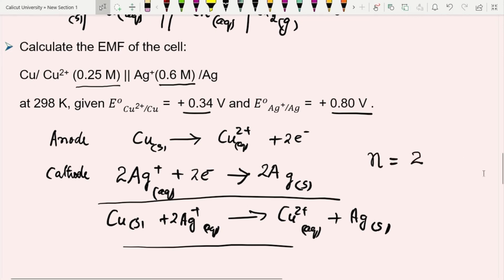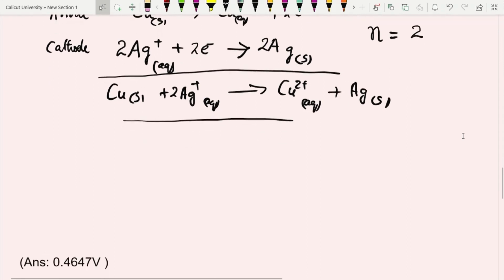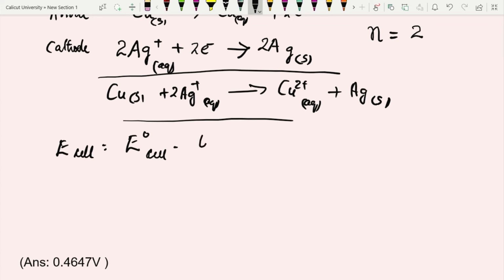Now, since the cell reaction is known, you can write down the Nernst equation. E of cell is equal to E naught of cell minus 0.0591 by N at 298 Kelvin. N will be 2 in this case, times log.